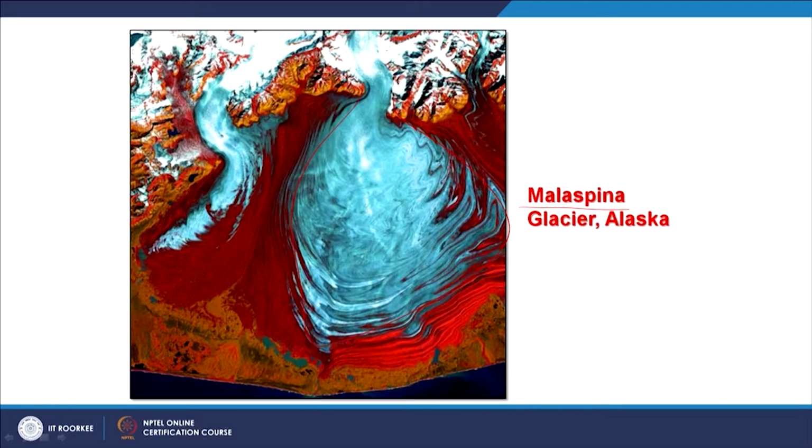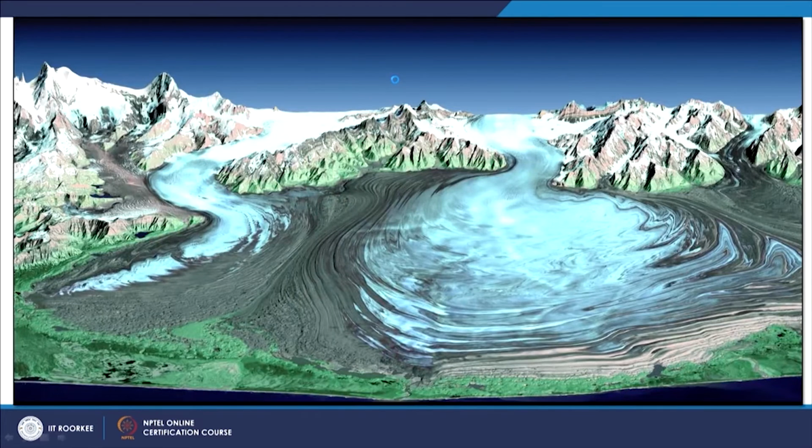Our glaciers are more or less either finger shaped or linear in fashion, but this one is very unique, and it can also be studied through 3D perspective. You can get a real feeling here about the glacier, and one more coming from this direction. That gives you a real ground feeling even without going on the ground. But if I have to study on the ground, I can plan my field studies initially based on these 3D perspectives.